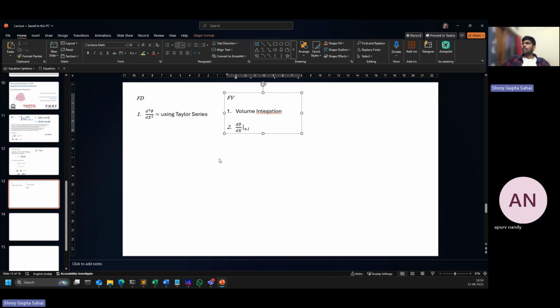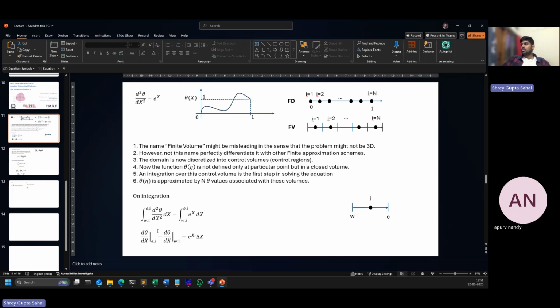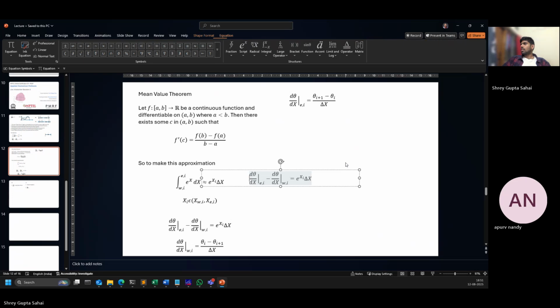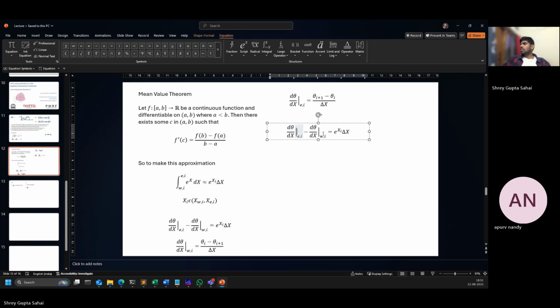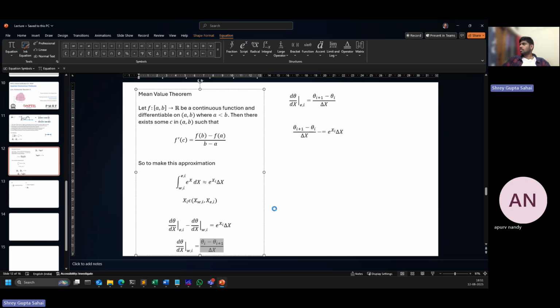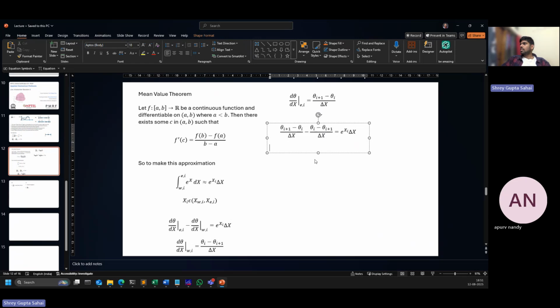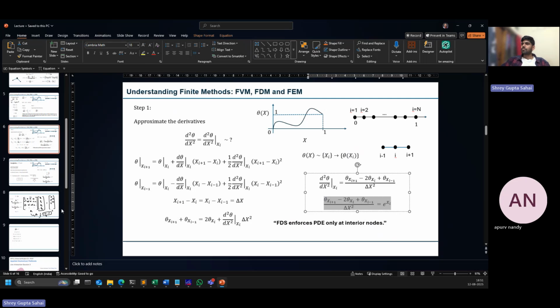Now let me do one more step and show that to you: if I substitute these things in here, let's see what comes. As a second step, I'm not going to write it now because I've already written it. If you can just note that, you're going to get this.